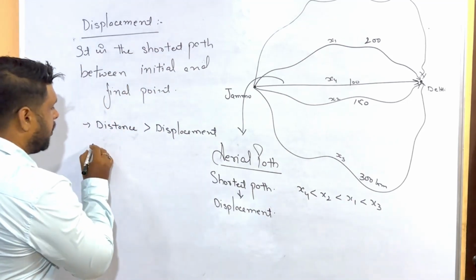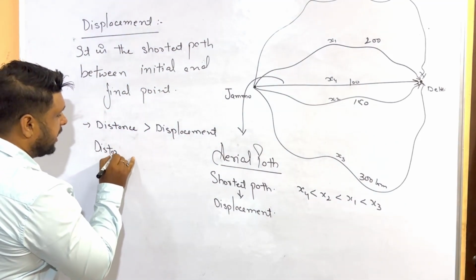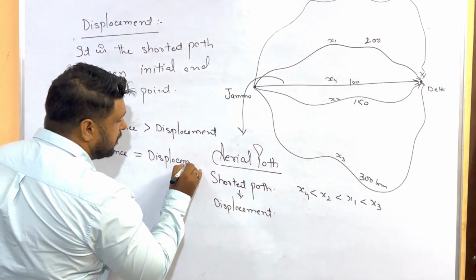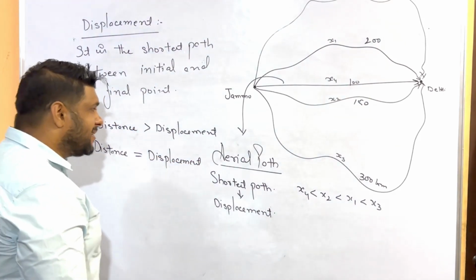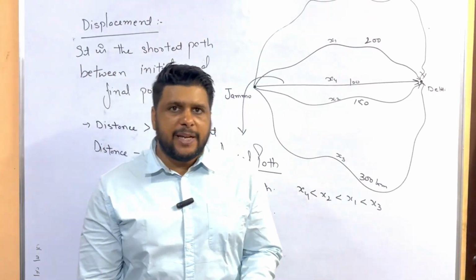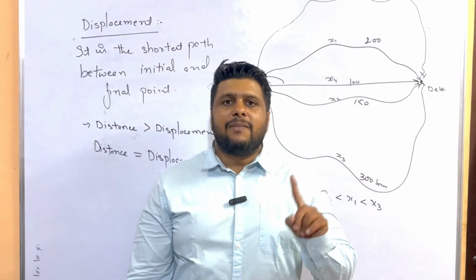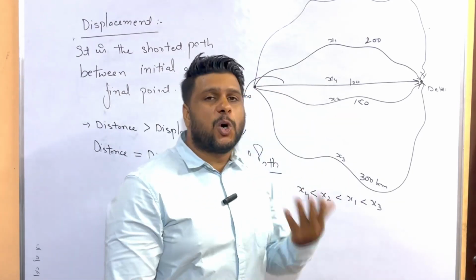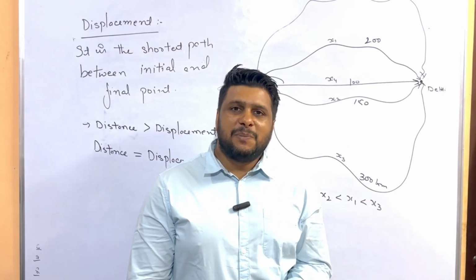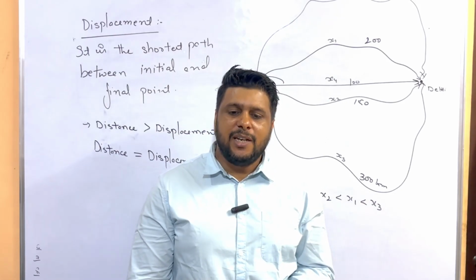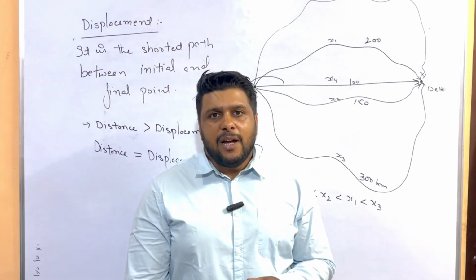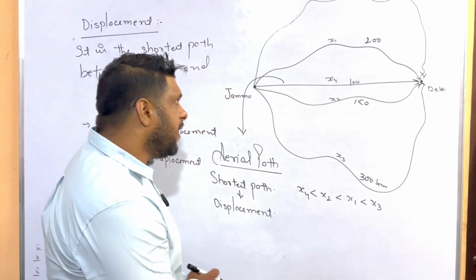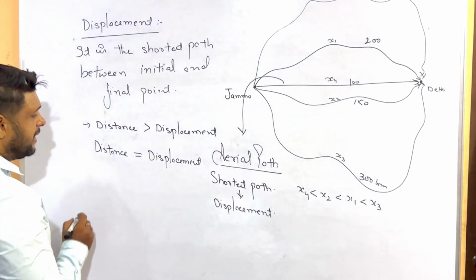So we can have a possibility when distance is equal to displacement. So distance can be equal to displacement, but it can never be less than displacement. Displacement is already the shortest path between initial and final position. Then how come distance can be less than that? This is the reason why distance can never be less than displacement.